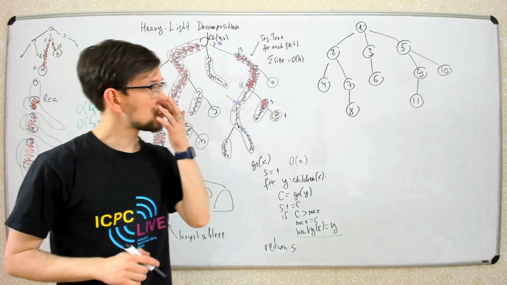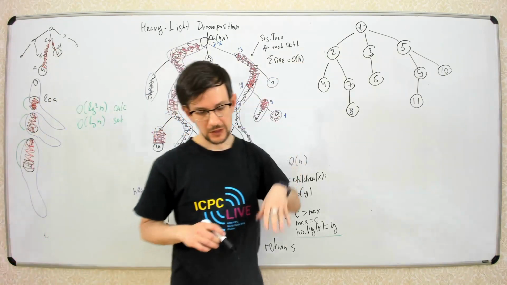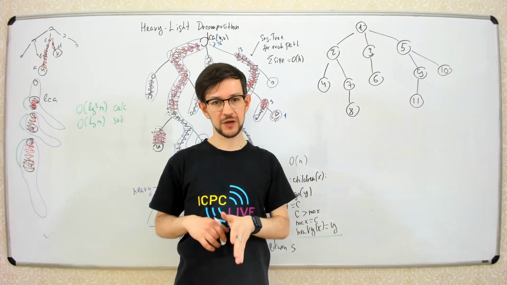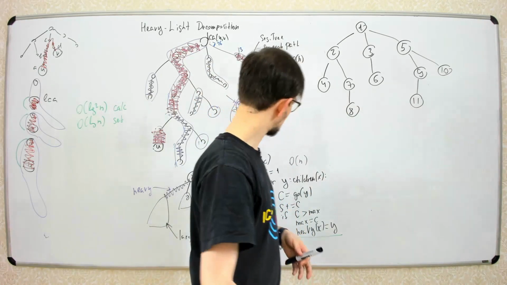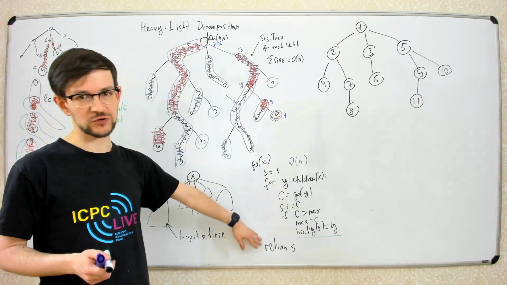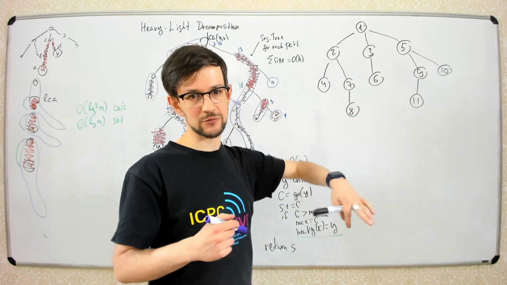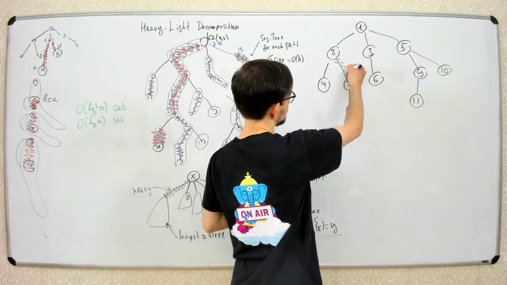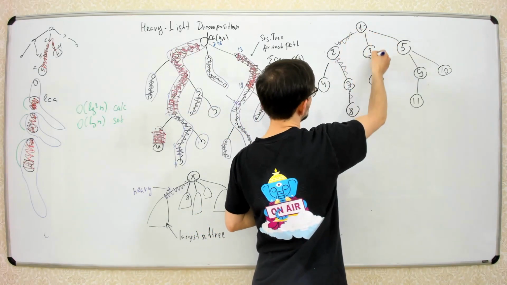So now, what I want to do is iterate this tree in such a way that first I iterate the heavy subtree and then all other subtrees. So I already marked the heavy subtrees for each node.